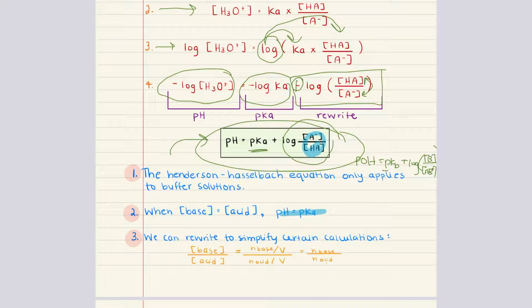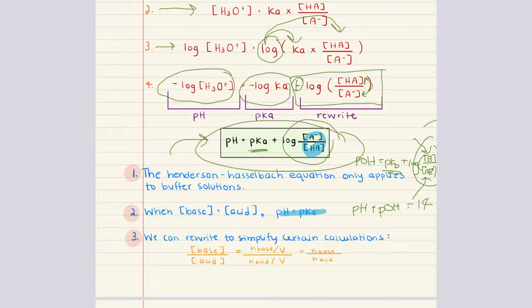Here, pKb represents the negative logarithm of the base dissociation constant Kb, and this ratio right here demonstrates the relationship between the concentration of the weak base and its conjugate acid. Since pH and pOH are related by the equation pH plus pOH is equal to 14, we can easily convert between them when necessary, depending on the system we are analyzing.